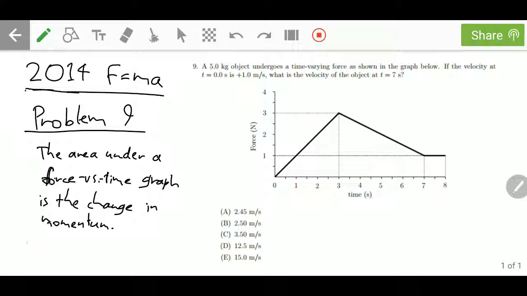In general, we know that the change in velocity is equal to the acceleration times the change in time for a constant acceleration. And that tells us that a is delta v over delta t. Multiplying both sides by mass, we get ma is m delta v over delta t, and so we get F is delta p over delta t.